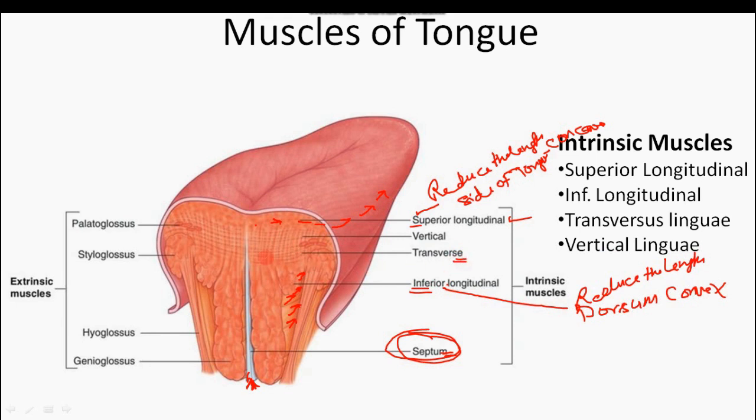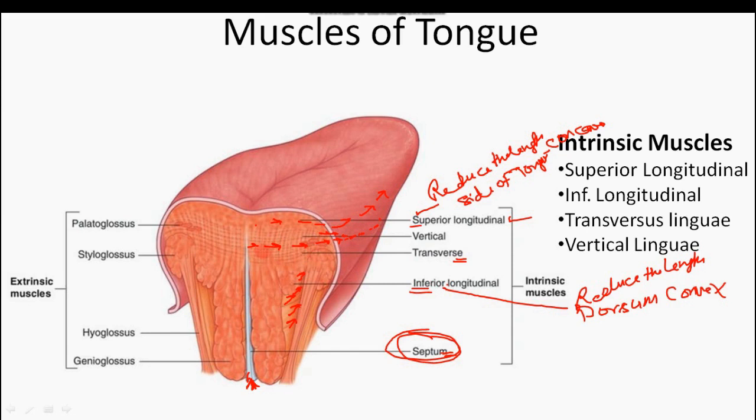This transversus linguae originates from this septum, and they run in this direction laterally. They run laterally and get inserted on the side of the tongue. Clear? They are inserted in this way on the side of the tongue.